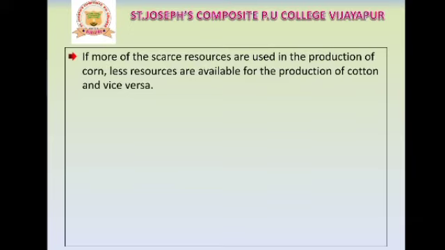If more of the scarce resources are used in the production of corn, then fewer resources are available for the production of cotton, and vice versa. That means, otherwise, if more of the scarce resources are used only for the production of cotton, then fewer resources are available for the production of corn.